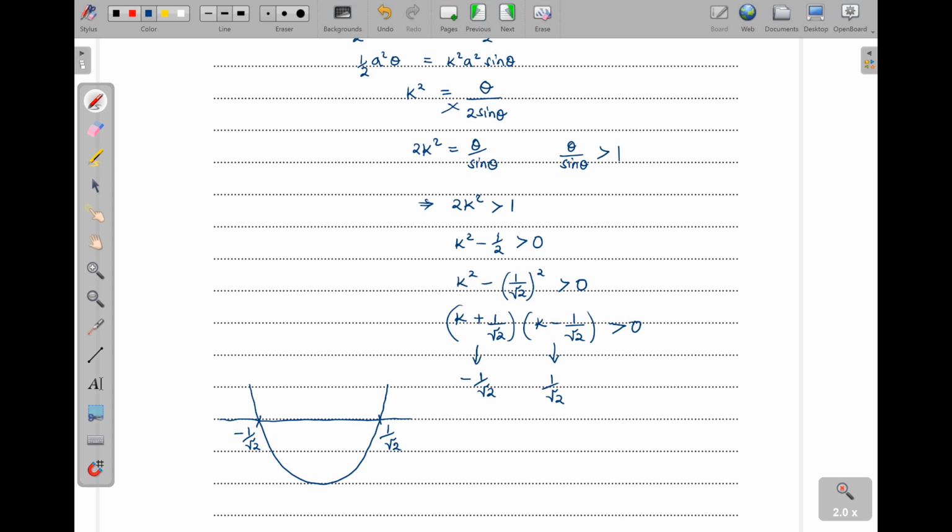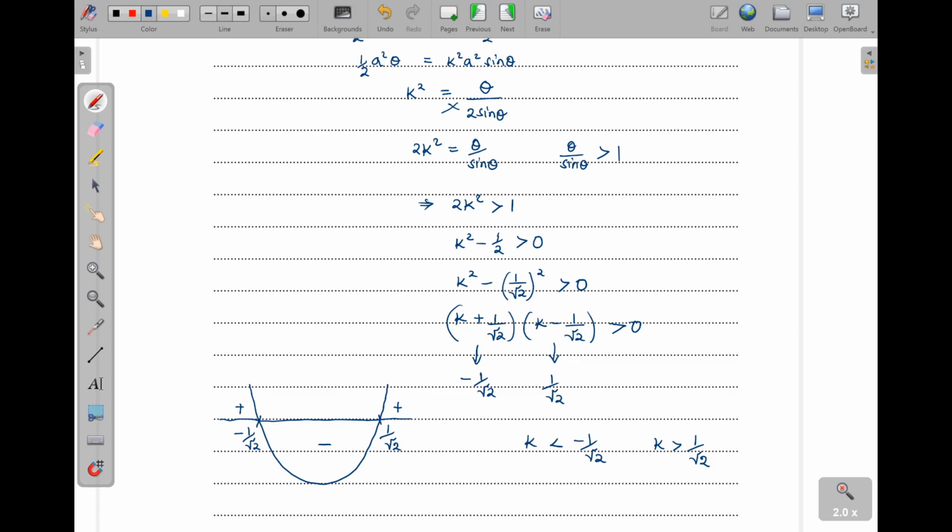Then from there, we are supposed to pick the values. This one is positive, so we have positive here, and then minus. So meaning we are going to get k less than negative 1 over root of 2, and also k greater than 1 over root of 2.